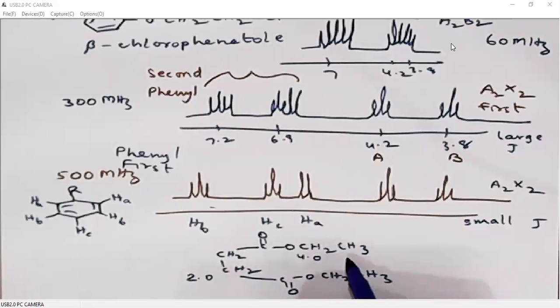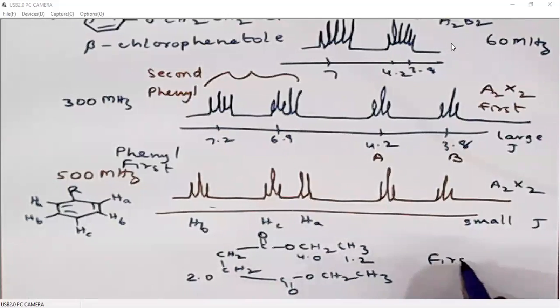In this case it is giving at 1. That means when the chemical shift differences are large, then it gives a first order spectrum.